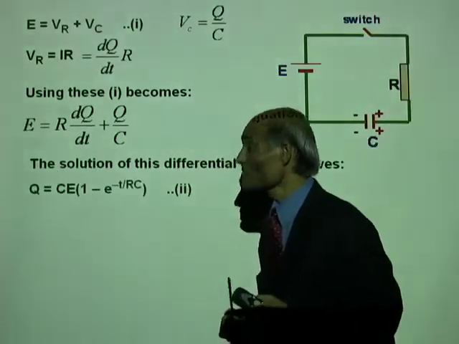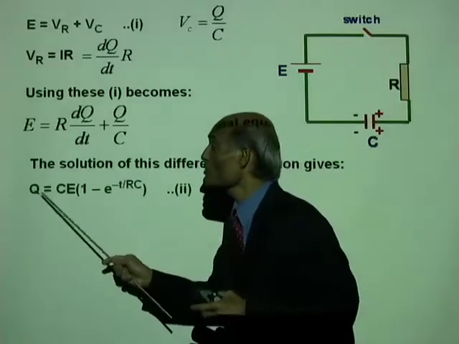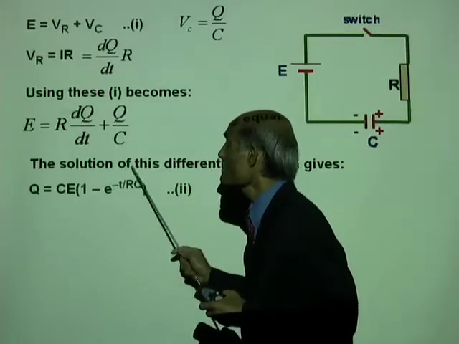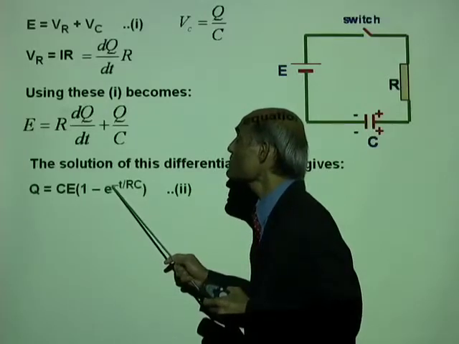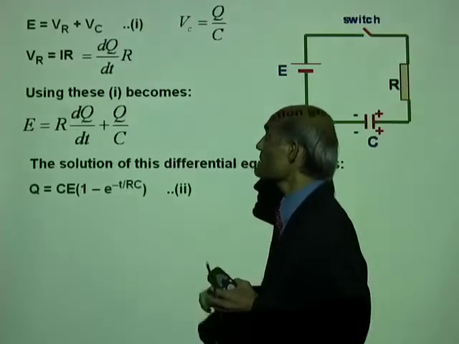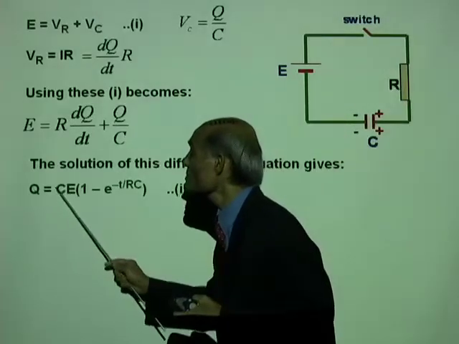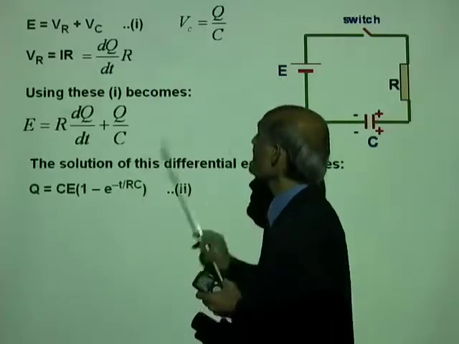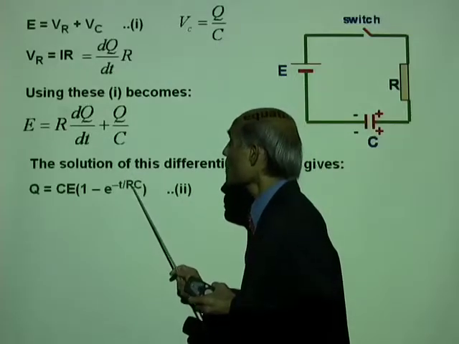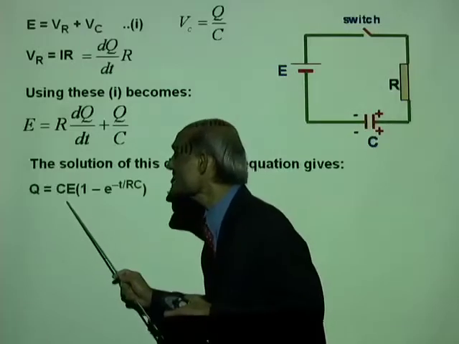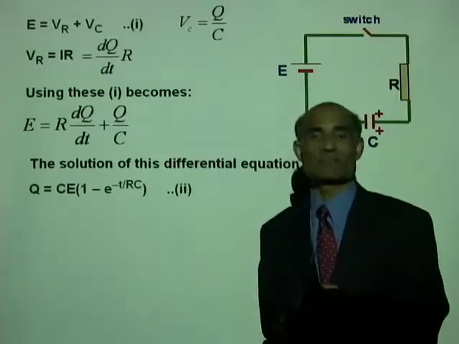This is the solution of that differential equation: Q equals CE times 1 minus e to the power negative t over RC, where C is the capacitance, E is the EMF of the cell, R is the resistance, and so on. Now what does C times E represent?